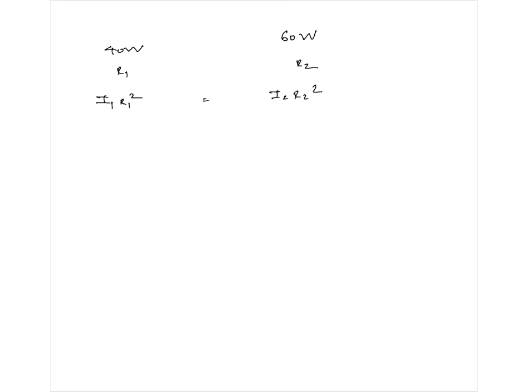R1 is not equal to R2. I1 is also not equal to I2. So what is happening is that currents are not the same in both of them. One is dimmer than what it usually would be. So the energy is the same.